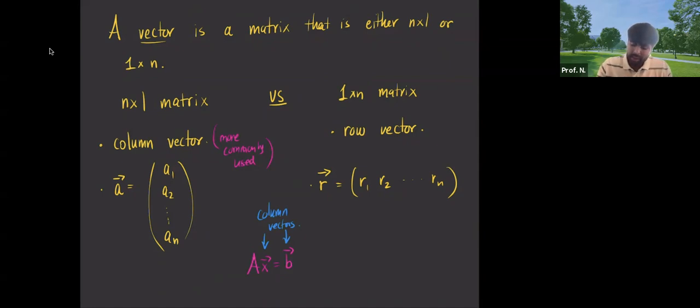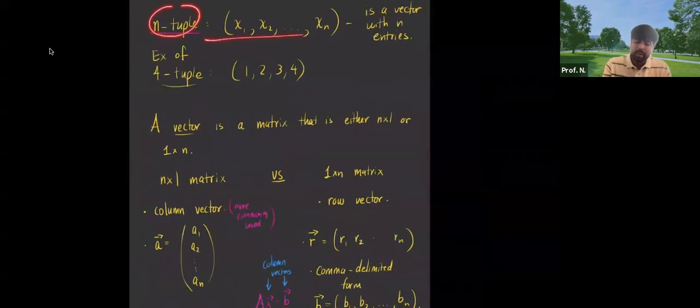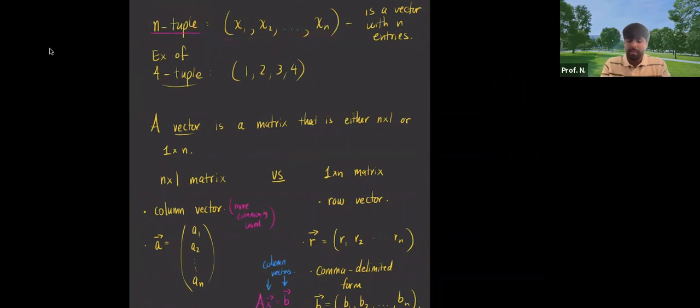And associated with the row vector is something called the comma delimited form. Which just means that if I have a vector, I can sometimes write it like this: B1, comma, B2, comma, B3, Bn. So an n-tuple is a vector. N-tuples are considered to be vectors. So we can take an n-tuple such as this 1, 2, 3, 4 and either make it into a row vector or a column vector.